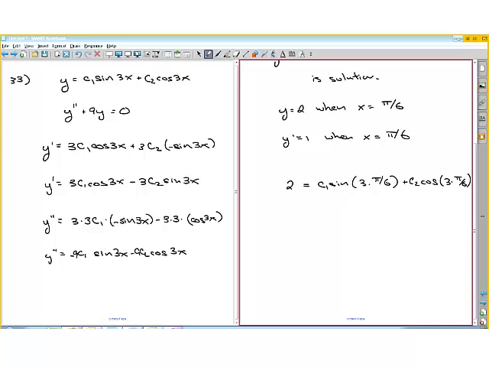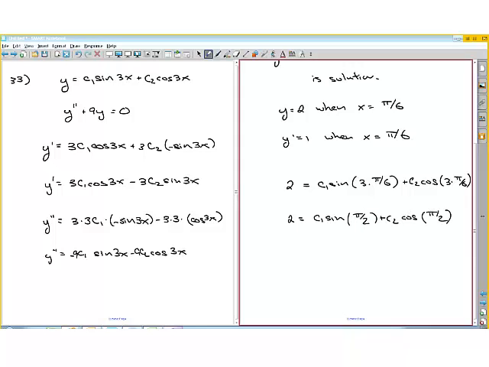Let's go ahead and just simplify this before we do the next part. So we get 2 is equal to C1 sine, well, 3 divided by 6 is 1/2, so we get pi over 2, plus C2 cosine of pi over 2.